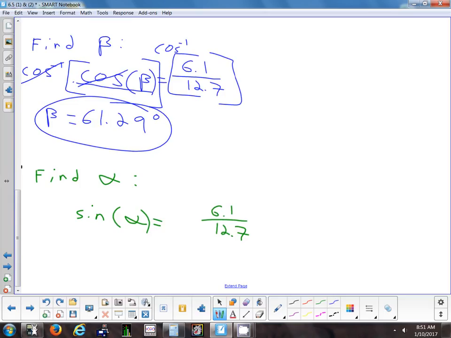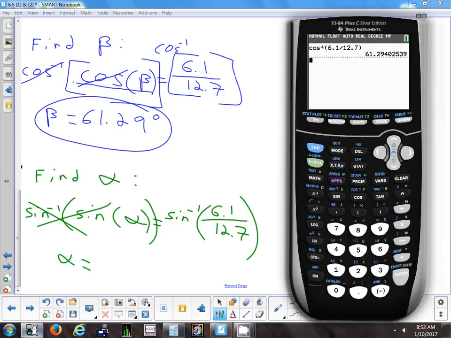Right, we're going to take the inverse sine of what's on the left and take the inverse sine of what's on the right. Is there any multiplication happening here? No, that is not multiplication. So that's gone. And now just type in inverse sine of 6.1 over 12.7, which is almost what I typed in last time.